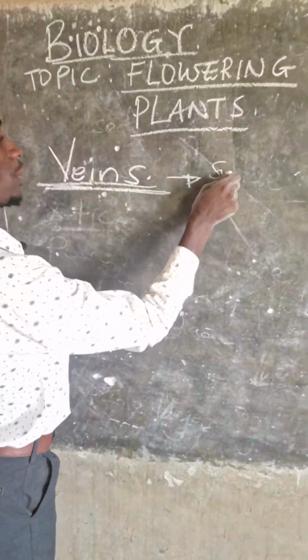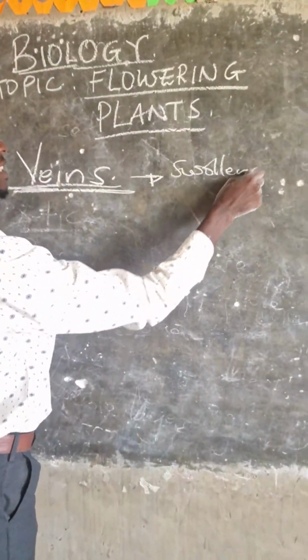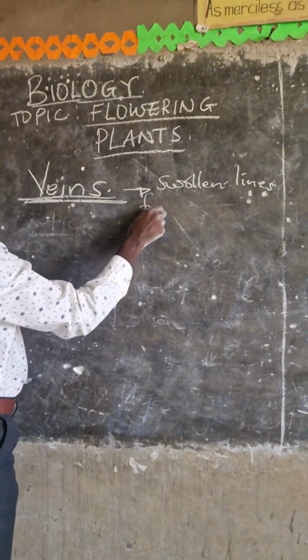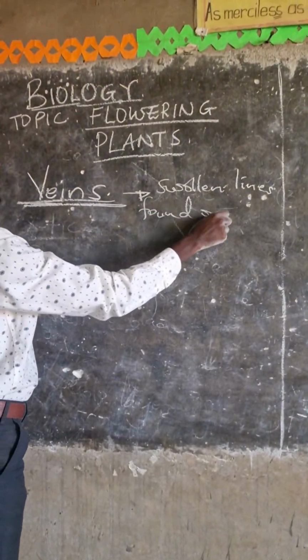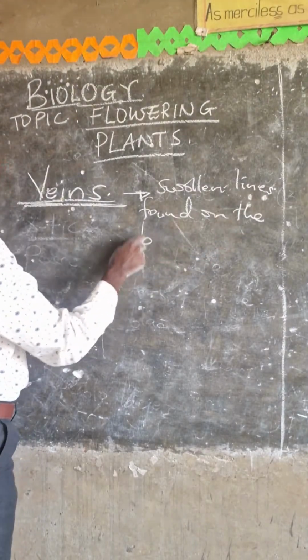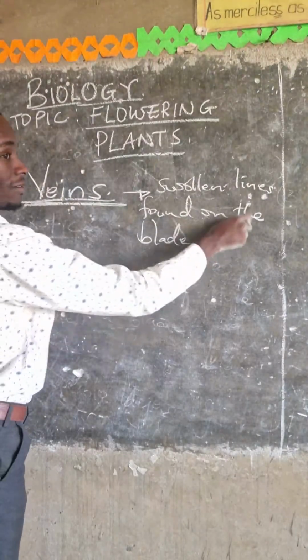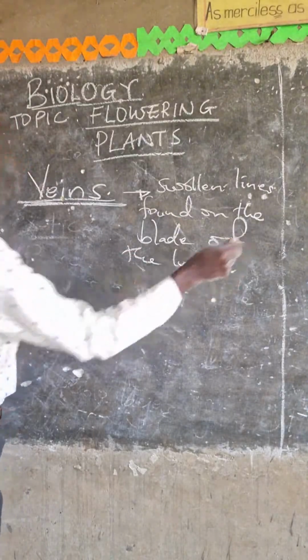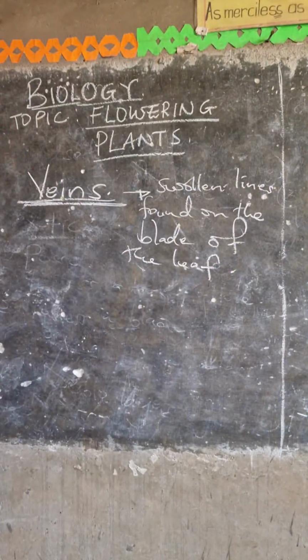The veins will be those fine lines found on the blades of the leaf. They play a certain function and a very vital role to a plant. We are going to mention some of the functions played.